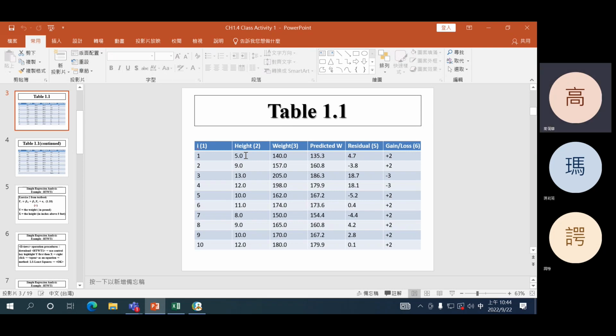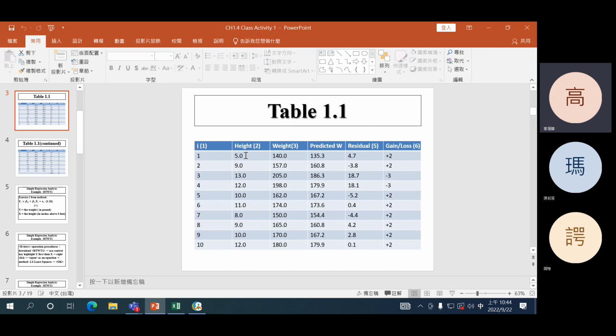Okay, and they are just saying that if the actual weight and the predicted weight are within some certain range, meaning it is small enough, then you will gain $2.